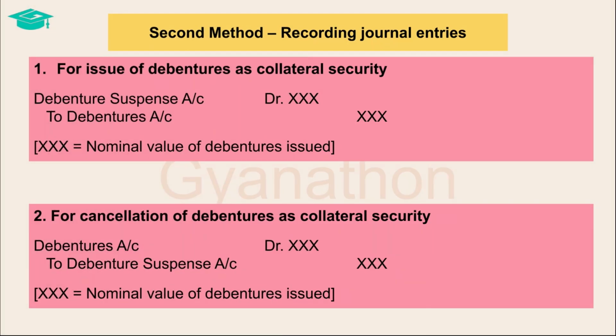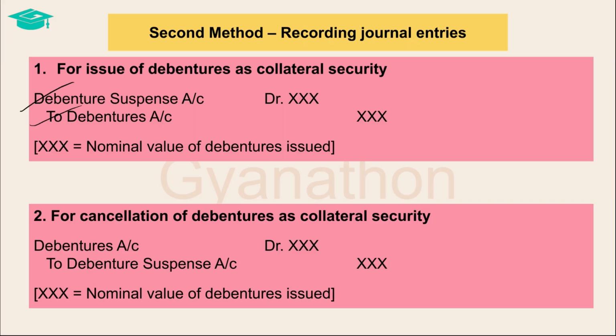When the company issues debentures as a collateral security, the same is recorded by debiting the debenture suspense account and crediting the debentures account with the nominal value of the debentures issued. This entry denotes that debentures are issued as a collateral security at the time of taking the loan.